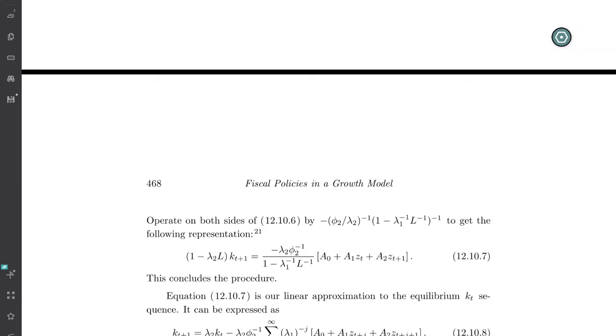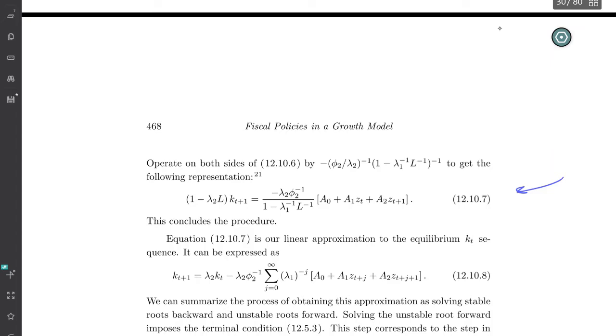And what we find is this equation. This is the key equation. If you're not comfortable with lag operators, we'll just rewrite it this way.